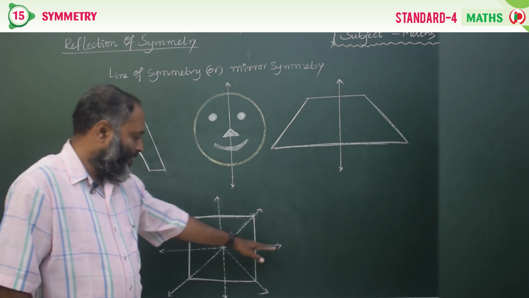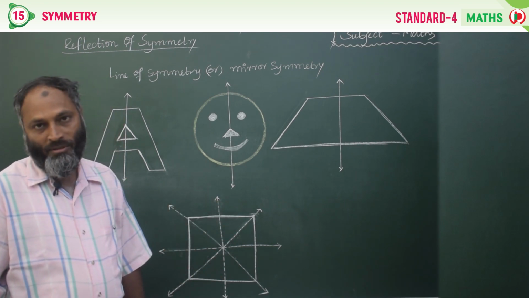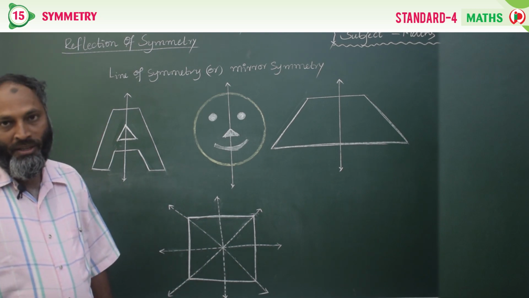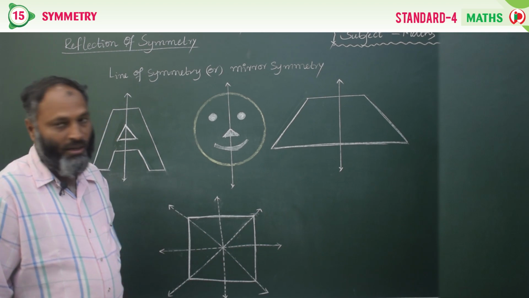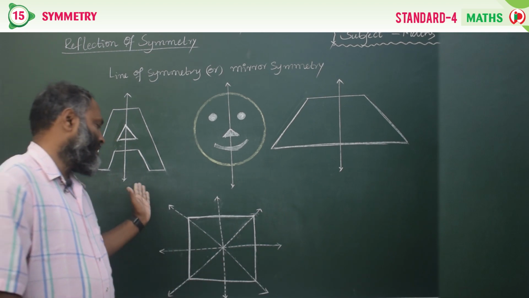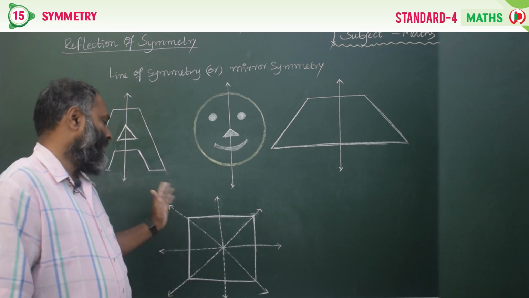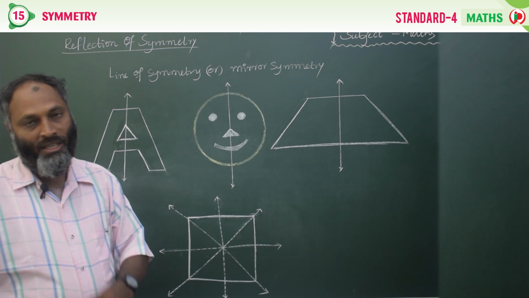If you draw a horizontal line, you form up and down two identical shapes. If you take a diagonal line, a slanting line, you also form two identical shapes, and the same for the other diagonal.